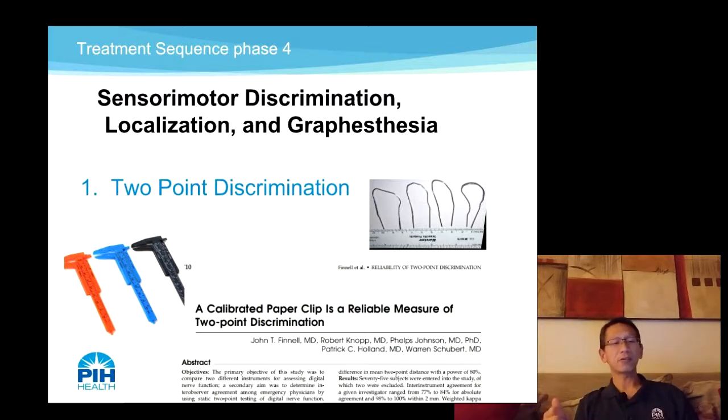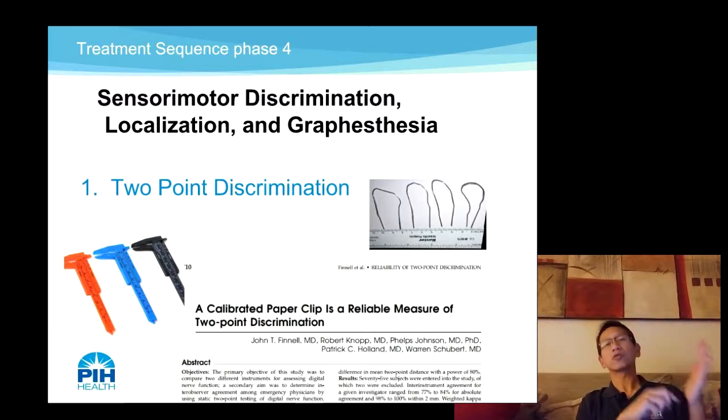When I find out what the person's 2-point discrimination is and what they grade at, and it's at 15 millimeters, what I'll do is I'll find 2 paper clips, one that goes 5 millimeters above and 5 millimeters below. So one will be set at 20 millimeters, and the other one will be set at 10 millimeters.